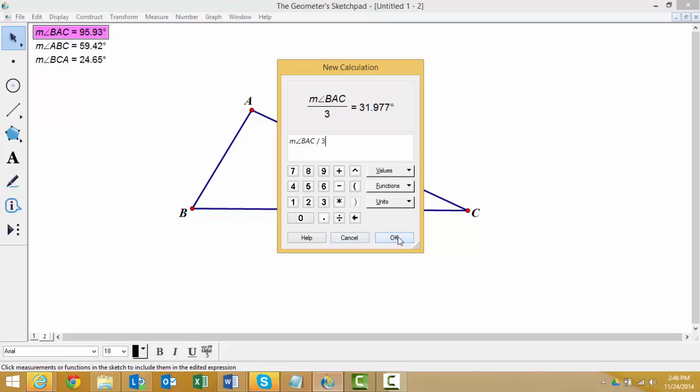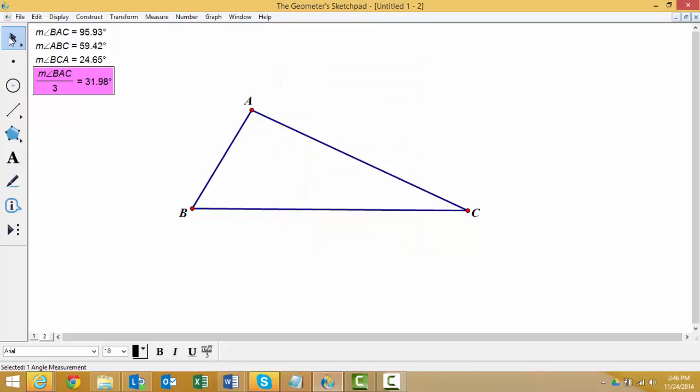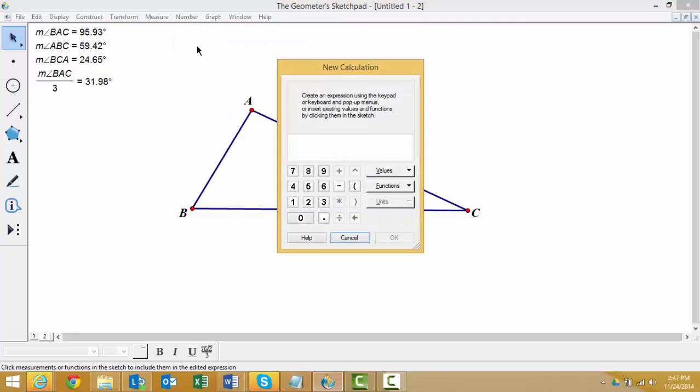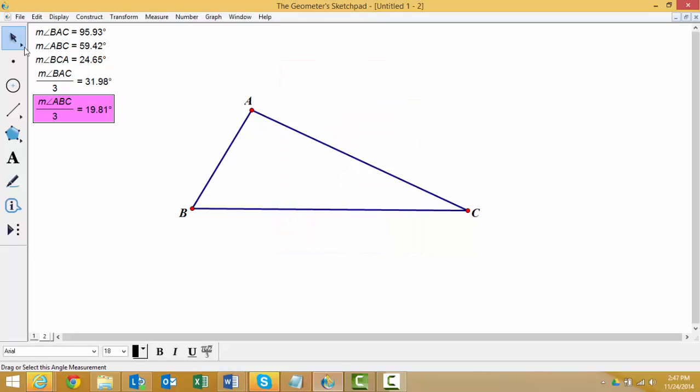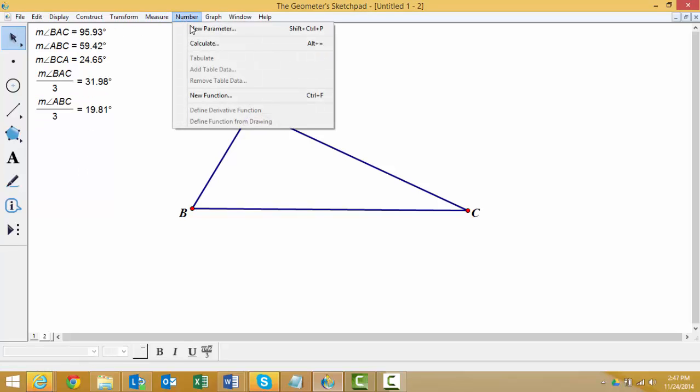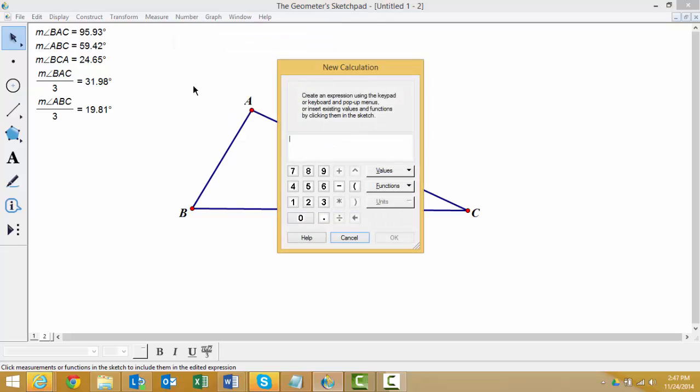Okay, so similarly let me calculate this divided by 3. Okay, so I got that. Similarly I'm going to calculate that angle divided by 3.